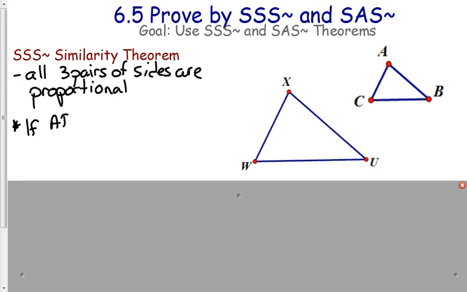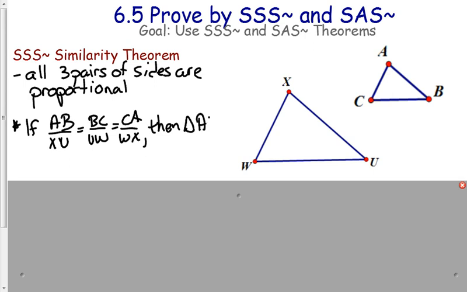So if AB over XU is equal to BC over UW equals CA over WX, then triangle ABC is similar to triangle XUW. So it has to be all three pairs.